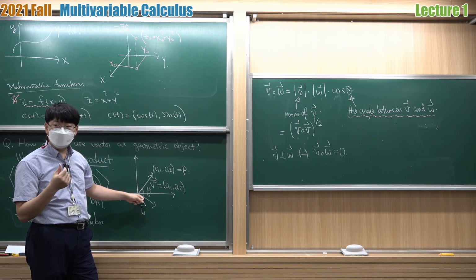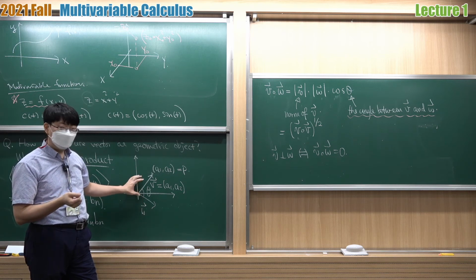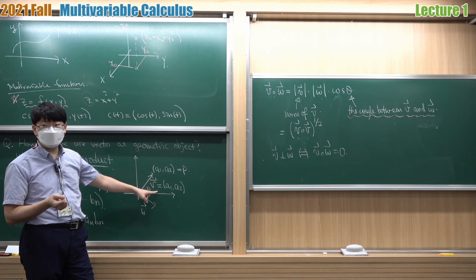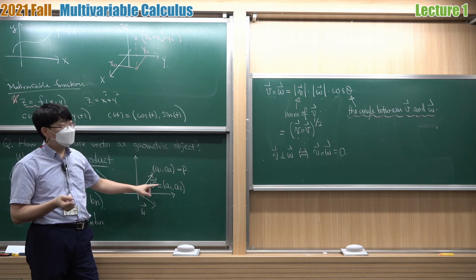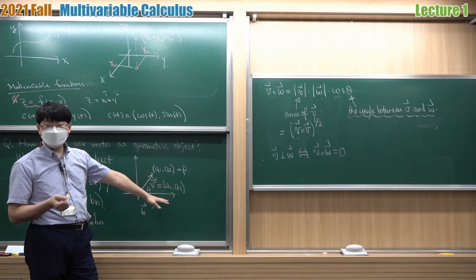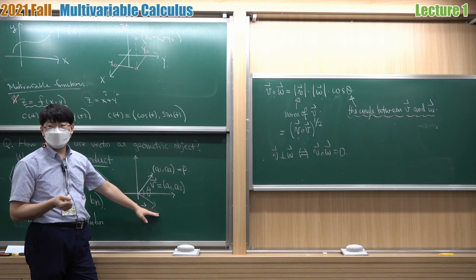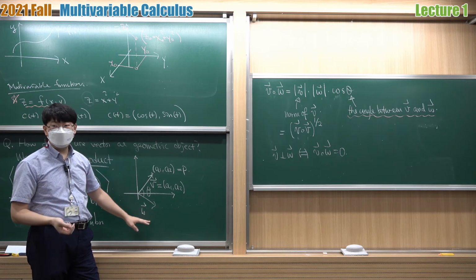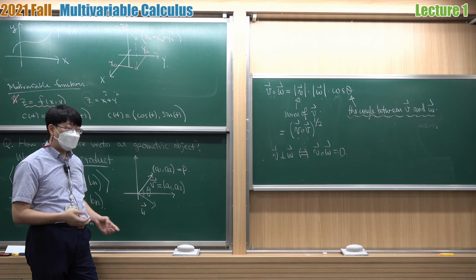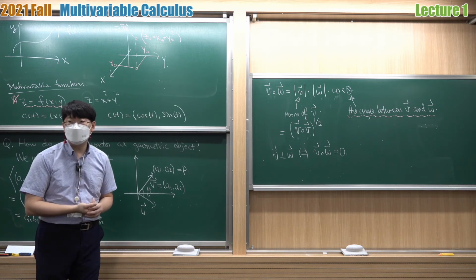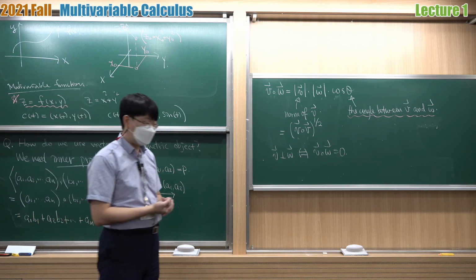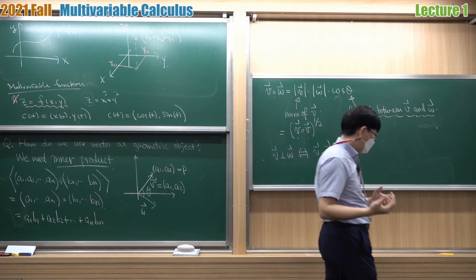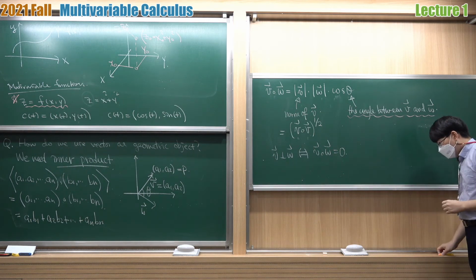But if you think a little bit further, this picture is only for two-dimensional vectors. In general, the vector can be n-dimensional. For example, the vector could be three-dimensional. How do you measure angle between two three-dimensional vectors? That's my question, or the question that you probably were going to ask.